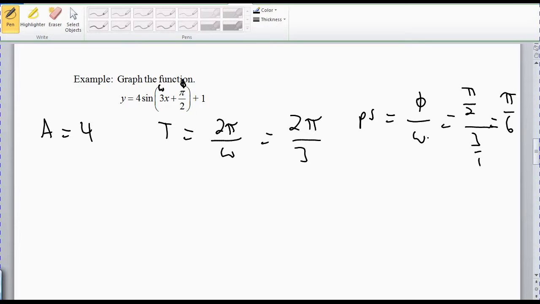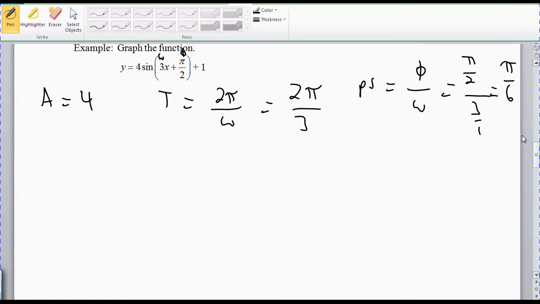Now here's what I'm actually going to do to graph this. I'm going to use my basic sine function and then use the basic values that I've used previously in other videos. Maybe you've seen them, maybe you haven't.